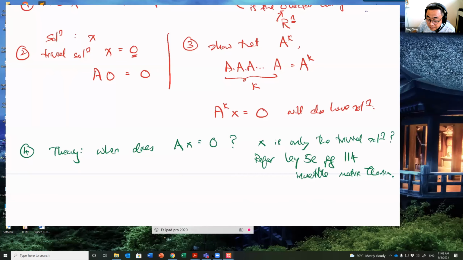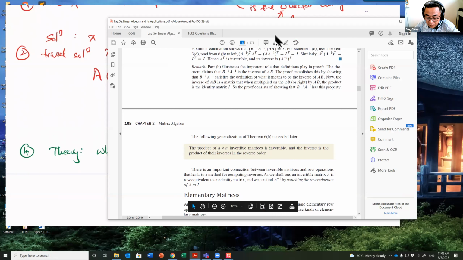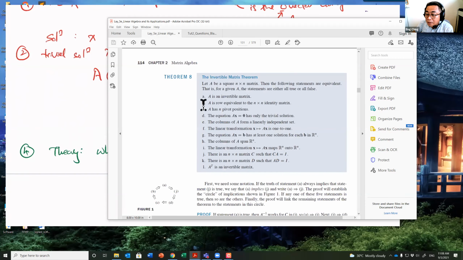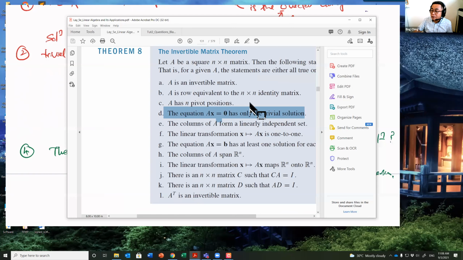Okay, let's see Lay. Page 114. So see, he told you in the invertible matrix theorem, the statement D tells you that when the matrix is invertible, AX equals 0 only has a trivial solution.